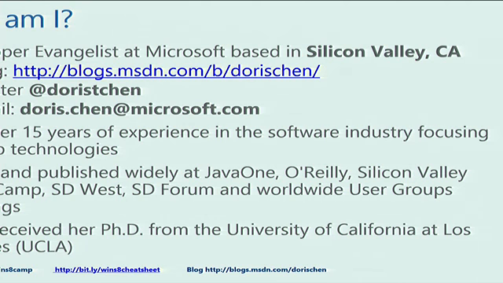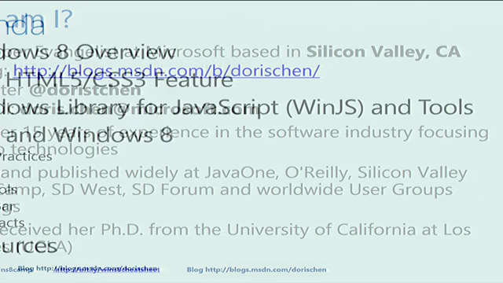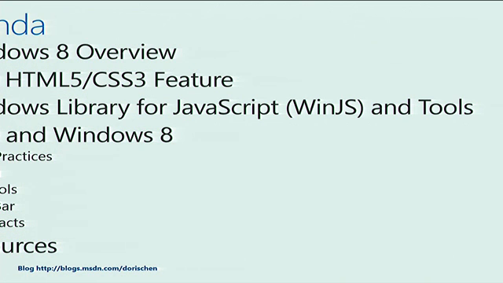Again, I'm a web person just like you, and I love HTML5 and JavaScript. I would love to share with you something I learned about Windows 8. As you can see, that's a pretty busy agenda. Hopefully, we could get most of it done here. We're going to start with a Windows 8 overview. Then we're going to talk about some of the new features for HTML5 and CSS3 in IE 10. Then we're going to talk briefly about what you could do with the Windows JavaScript library, WinJS.